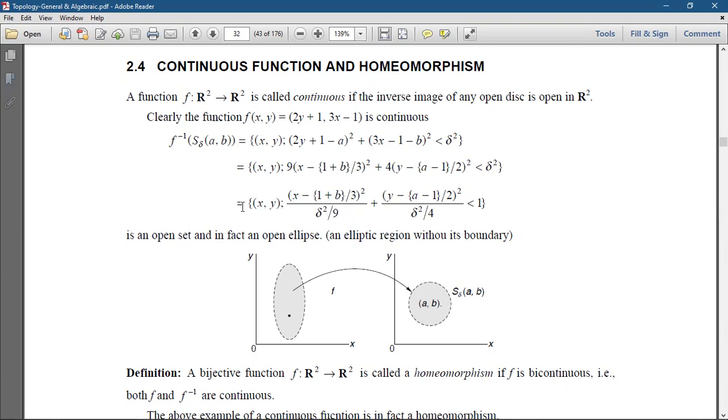And then after simplifying all these things, we get the set of (x, y) such that (x - (1 + b)/3) whole square divided by delta square by 9, plus the y term divided by delta square by 4, is less than 1, because we divide by delta square, multiplying and dividing by 9 here and here also.